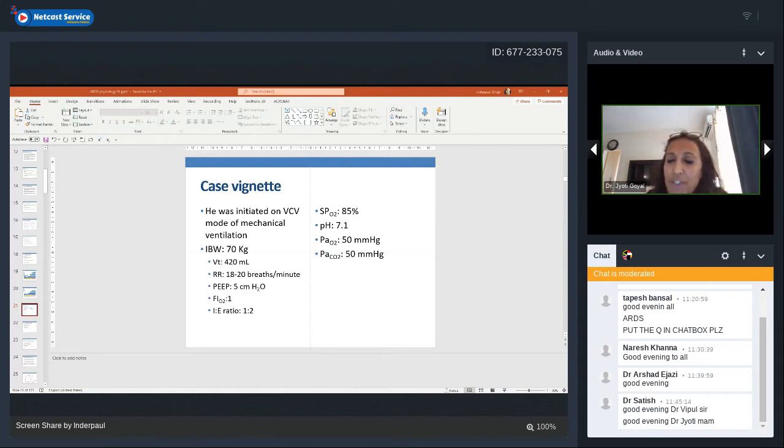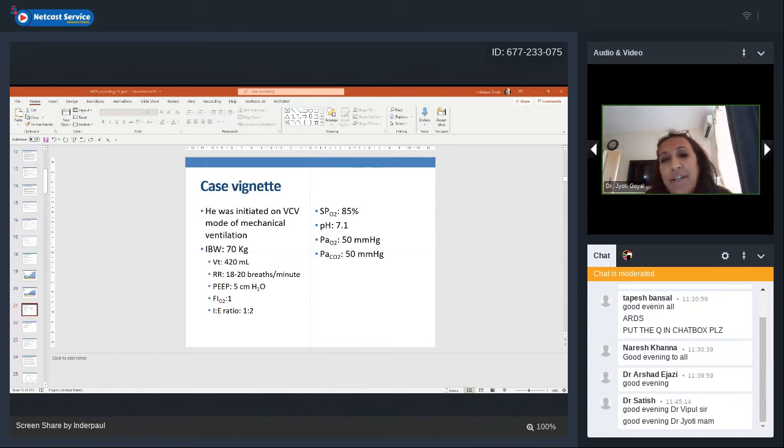These are systemic causes causing ARDS, which you can also call secondary ARDS. And for primary ARDS, you are very clear: pneumonia, aspiration pneumonia, bacterial pneumonia, viral pneumonia, fungal pneumonia, lung contusion.